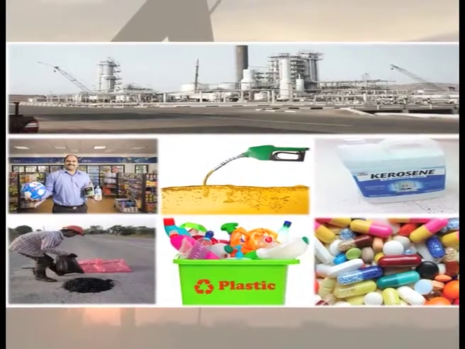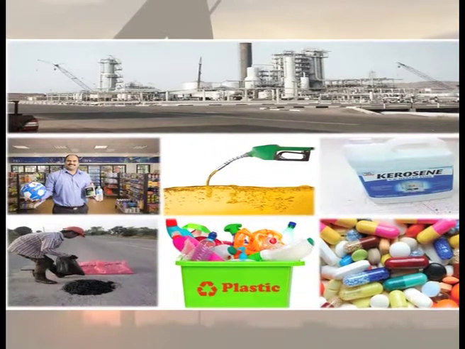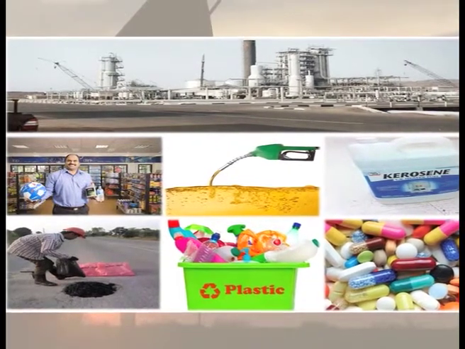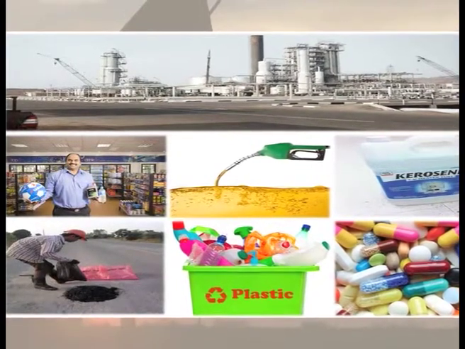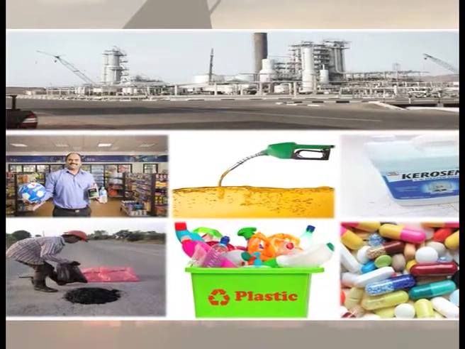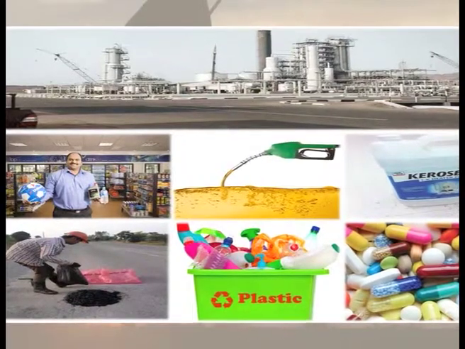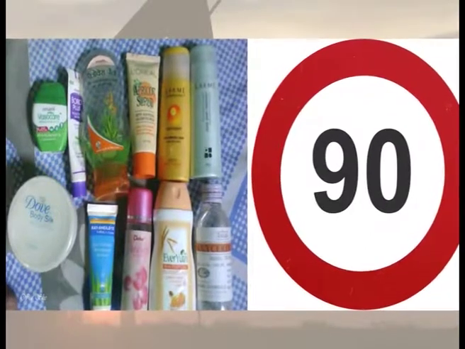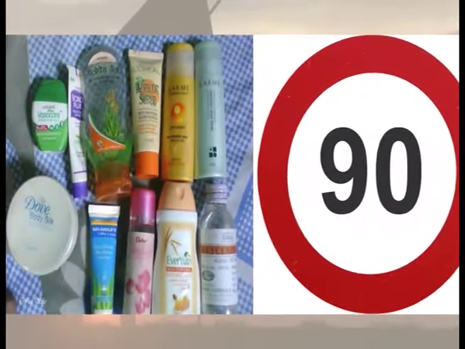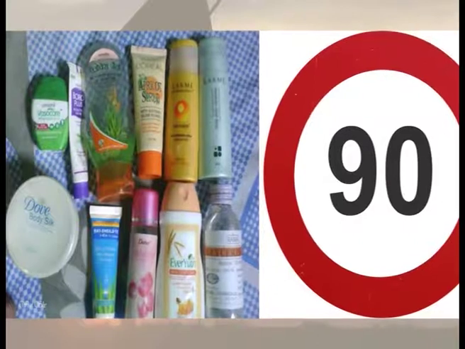It is refined and separated most easily by distillation into a large number of consumer products, from gasoline and kerosene to asphalt and chemical reagents used to make plastics and pharmaceuticals.